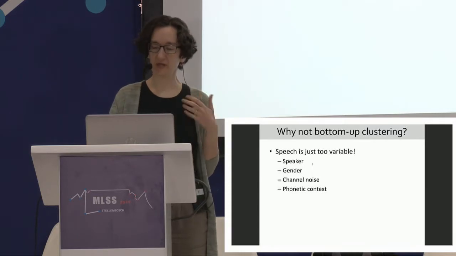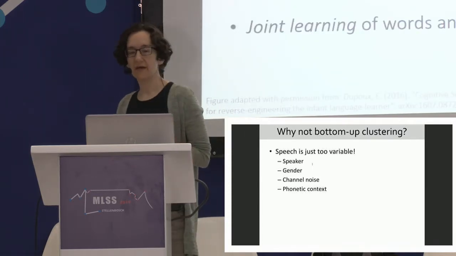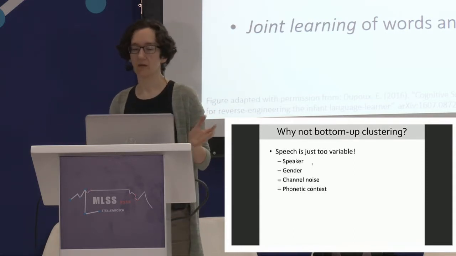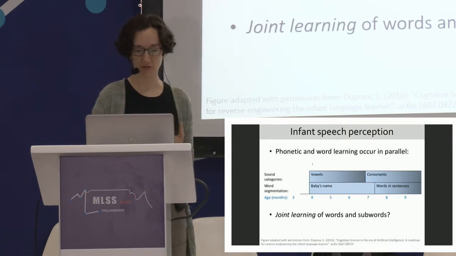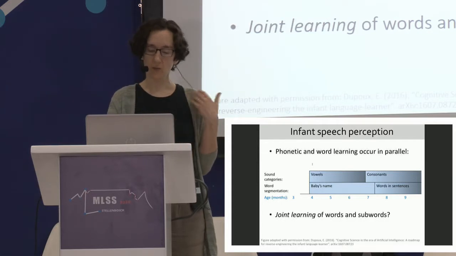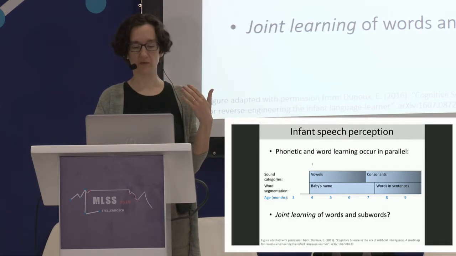And interestingly, there's some evidence from cognitive science that even human infants are probably not doing pure bottom-up learning when they're doing their very early learning of speech. If we look at evidence from developmental psychology on when infants are learning different things, what we see is that starting around the age of 4 months, infants are beginning to learn something about vowels in their language, and then consonants a little bit later.